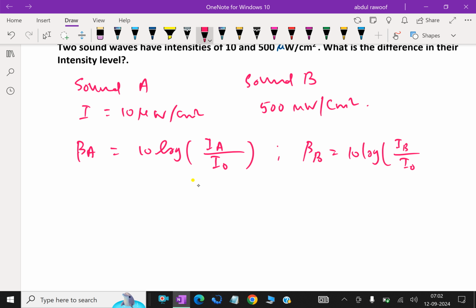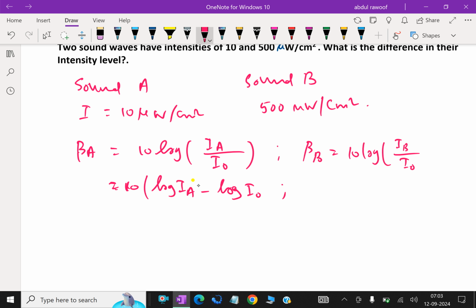So here you can write this as beta A is 10 log IA minus log I0.